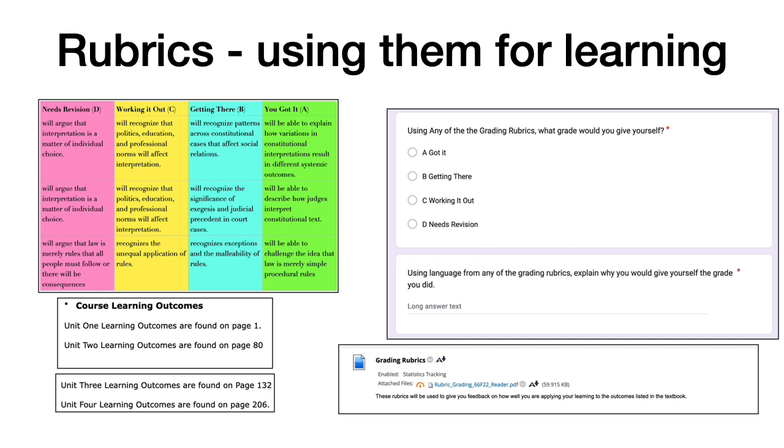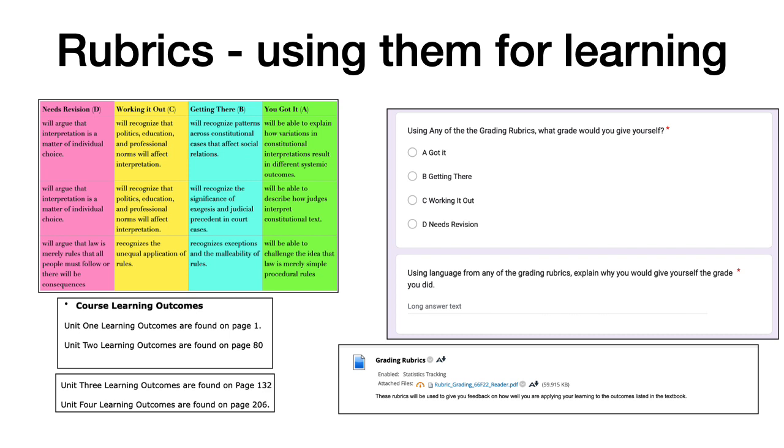You might not be used to using rubrics, so what I've done is in the syllabus and resources folder, you can go to where it says grading rubrics, download them, and there's a bunch of rubrics in there. What a rubric basically does is give you a roadmap, right? So the pink line over here, the needs revision, those are D answers.